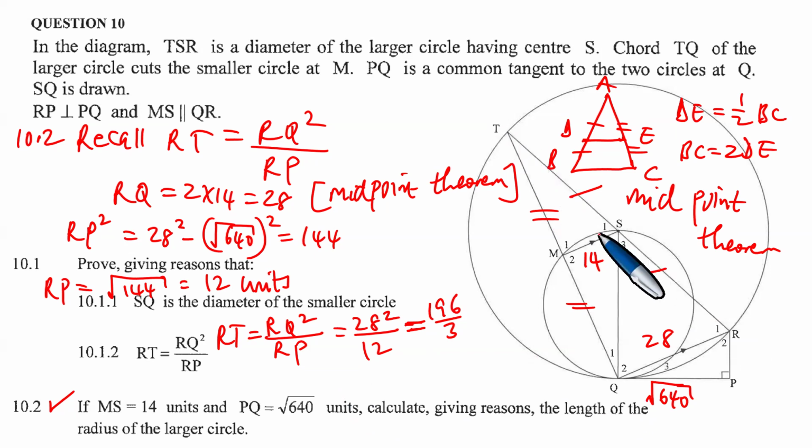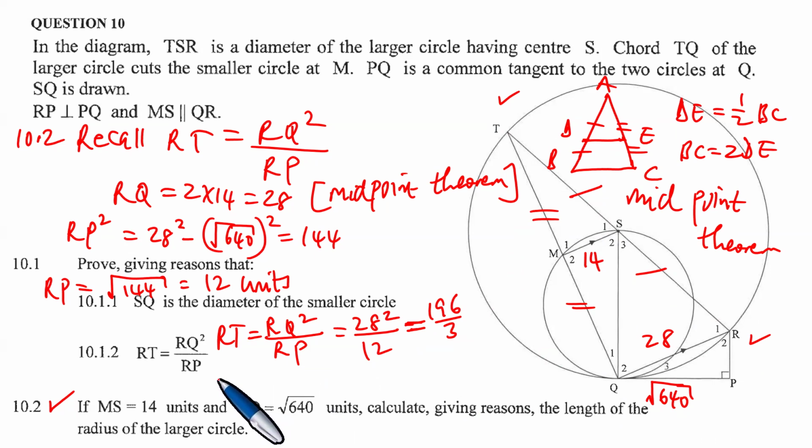Now we need to remember that RT is a diameter, because from R to T we have a diameter, and therefore we just need the radius. So we need half of RT.